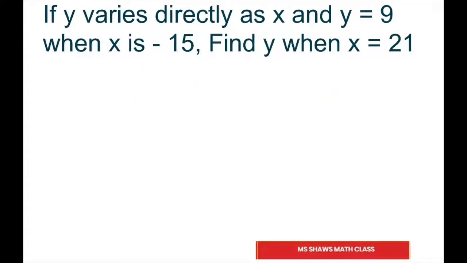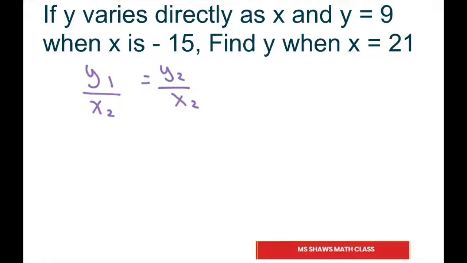Here is the first one. If y varies directly as x, and if y is 9 when x is negative 15, we must find y when x is 21. So we're going to use the first formula, which is y sub 1 over x sub 1 equals y sub 2 divided by x sub 2.